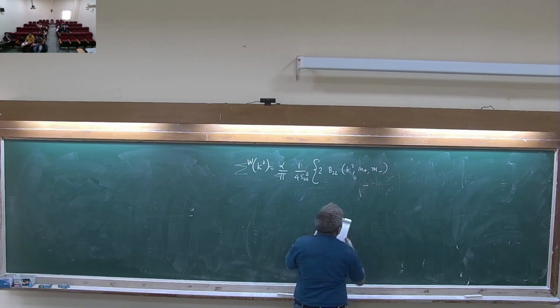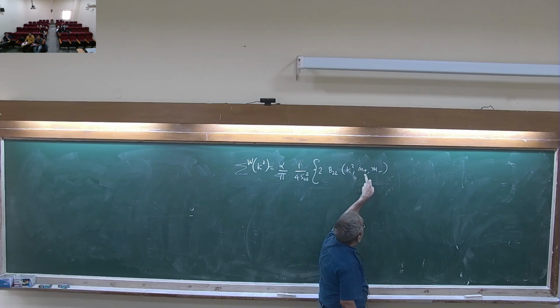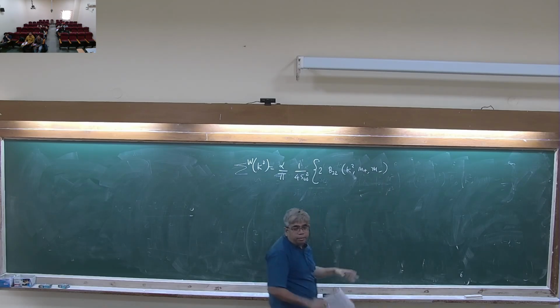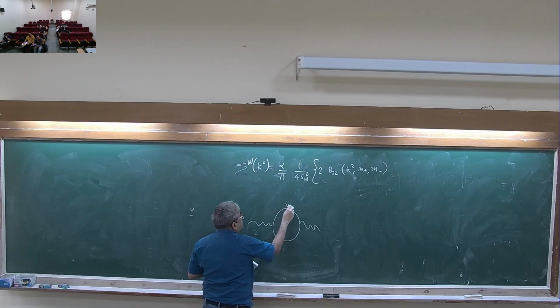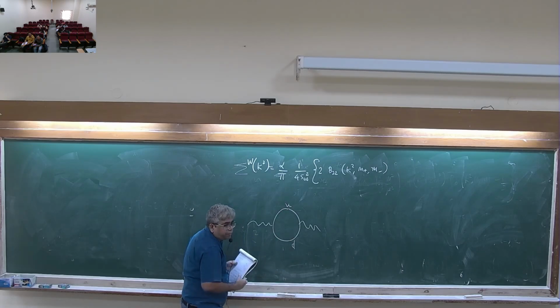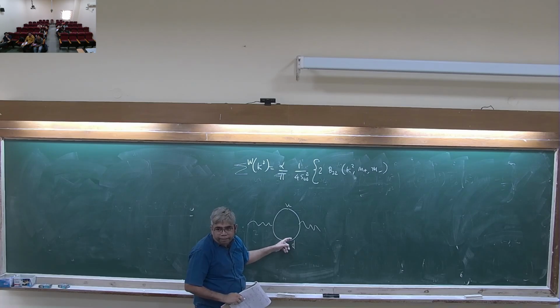Now the W loop, M plus and M minus will come. They see the splitting between the up and down. Remember, the W loop will contain the up type quark and the down type quark, whereas for the ZZ it will be the same type quark.